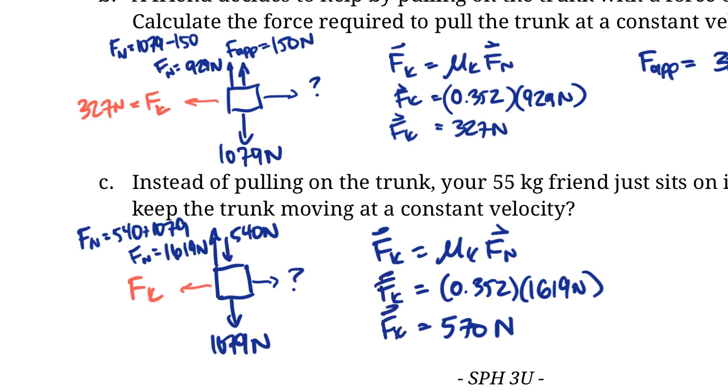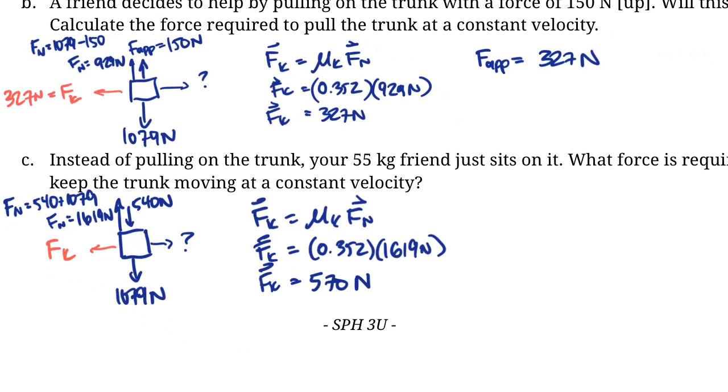If that's the force that's provided by the friction, the applied force that you're going to need to apply to compensate for that and push it forward at a constant speed is also going to have to be 570 newtons. So that's our answer. Our new F applied has got to be 570 newtons. There we go.